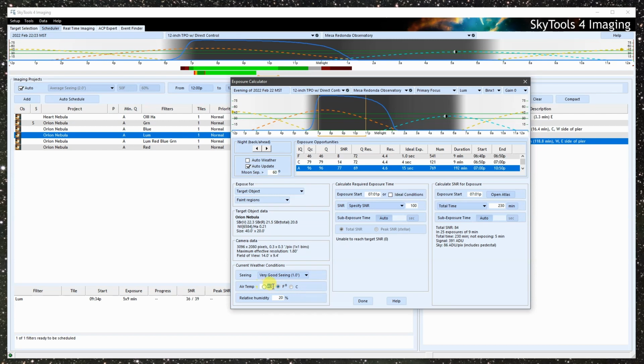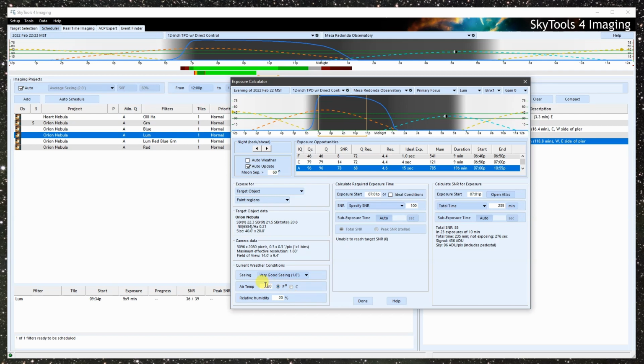Let's see what happens when we change the temperature. 20 degrees Fahrenheit. That's gone a little bit longer and a little bit earlier. That didn't make that much of a difference, not at this relative humidity. What these two numbers are doing is crudely affecting the atmospheric extinction in the model.